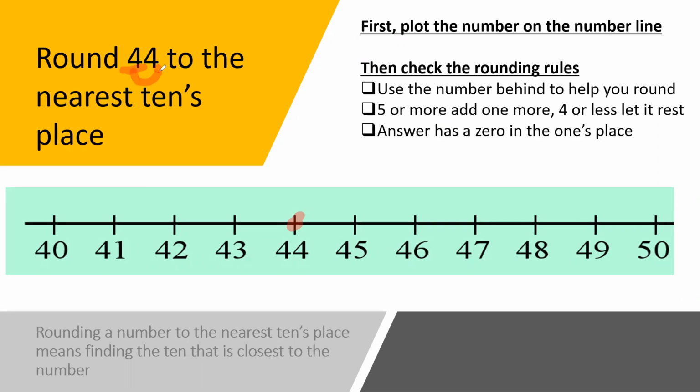So I use this 4. Now, 5 or more, you add 1 more. Do we need to add or get bigger? Was it bigger than 5? Nope. 4 or less, you let it rest. So because it's 4 or less, we have to let it rest. We go this way. And then the answer has to have a 0 in the ones place. There it goes. Goes to 40.